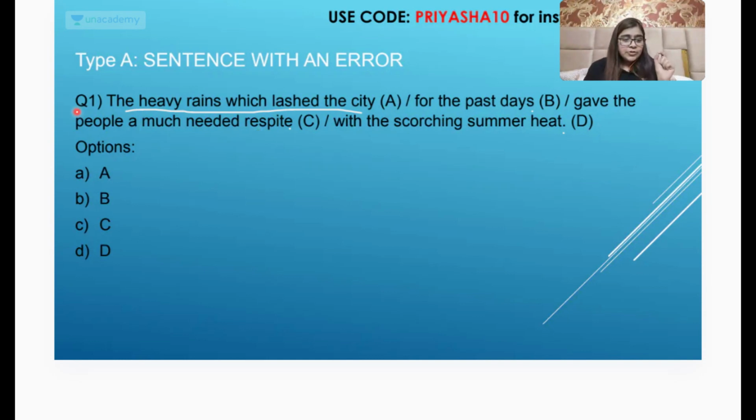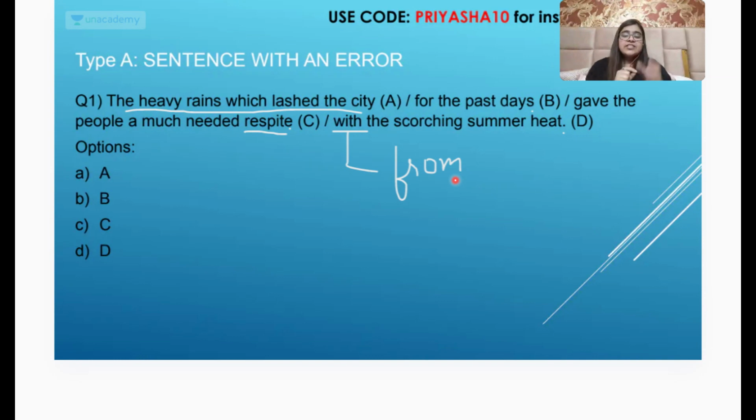Here, you need to understand that respite is here and with is here. Where is the problem? The problem is in respite or the problem is in with? The problem is in with, guys. We need to change with to from. So because the replacement or the error is in with, not respite, so my answer will be D, not C. This is a very common mistake I've seen in the students.